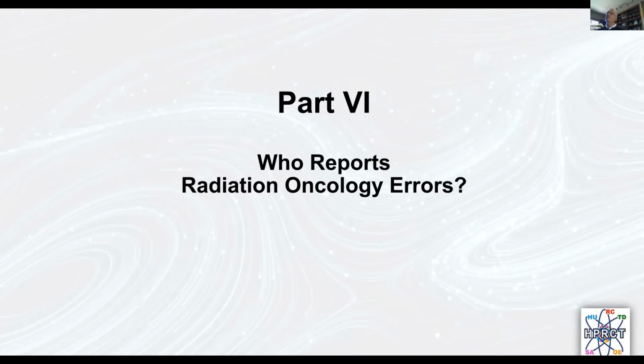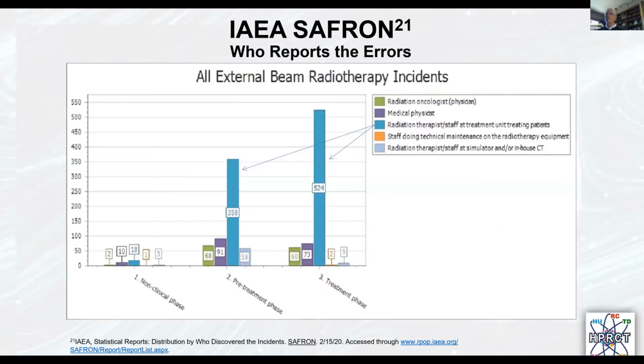So who reports the radiation oncology mistakes? This is important because in any industry, you have to know who is contributing towards your database of mistakes, and then who is in a position to more likely find the mistakes.